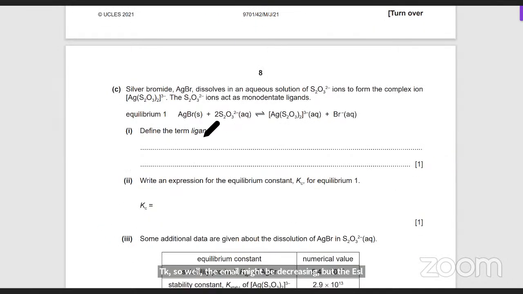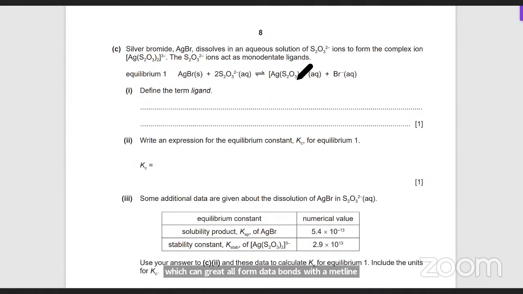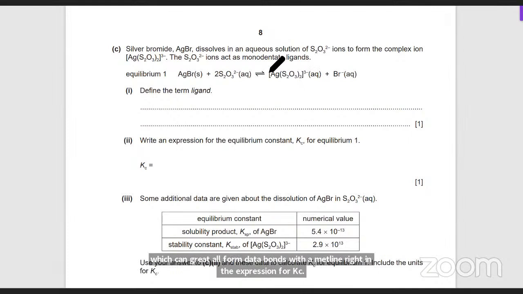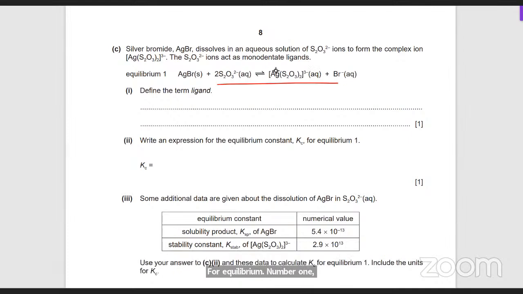As I define the term ligand, so it's a species which can donate or form dative bonds with a metal ion. Write an expression for Kc for equilibrium number 1. ये वाला. So इसका Kc क्या होगा? It's product concentration divided by reactant concentration. So it's Ag.